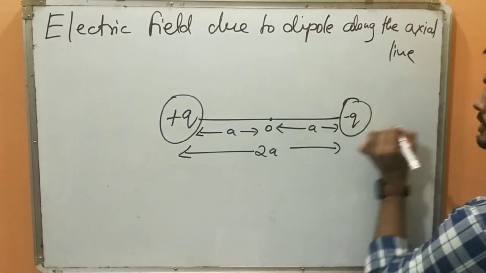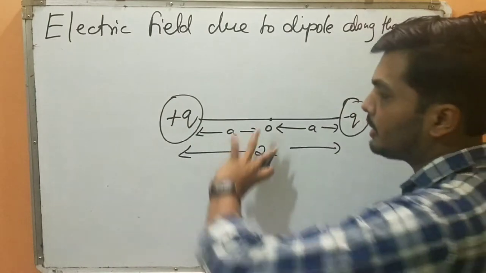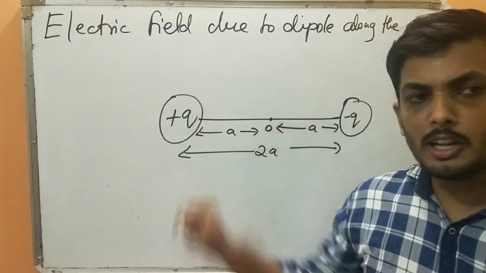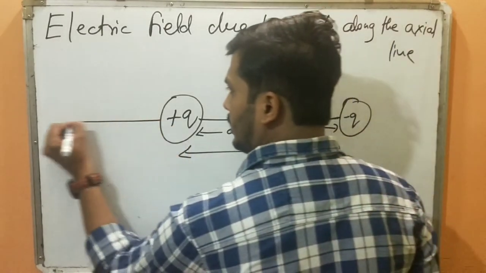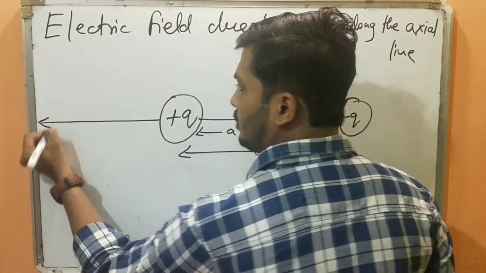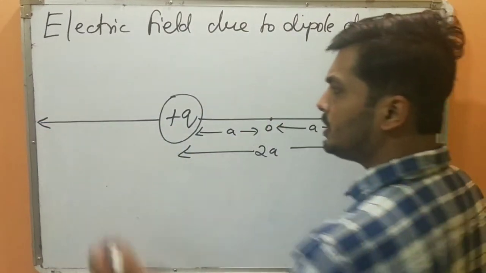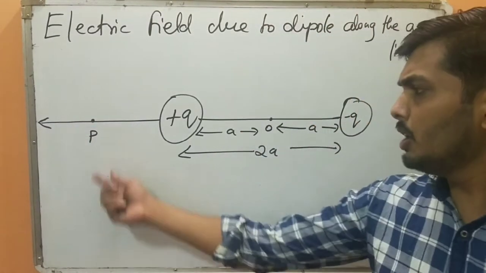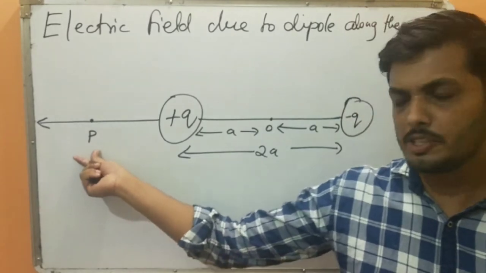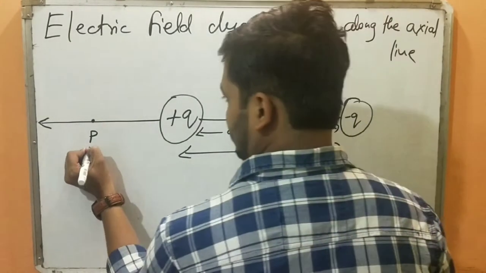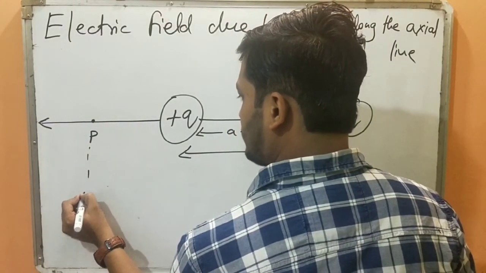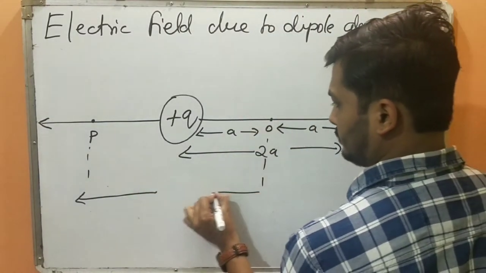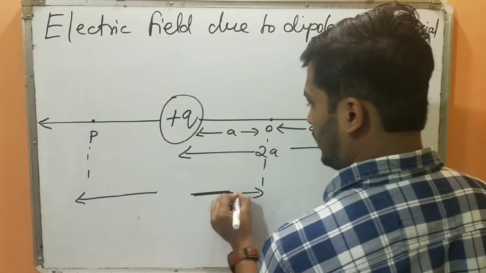So maybe this axis or maybe this axis. I know the electric field is the space around the charge, but we are particularly interested to find the electric field along this axis. So you consider any point P here, and we are interested to find the electric field at this point P. Then the distance from the center to this point P, you give a name as R.